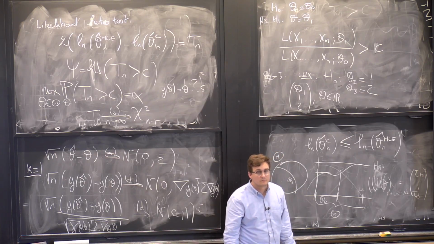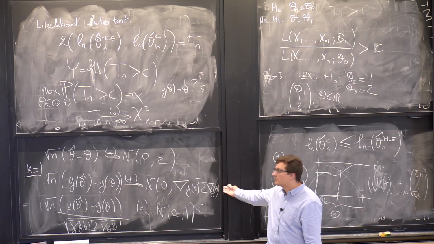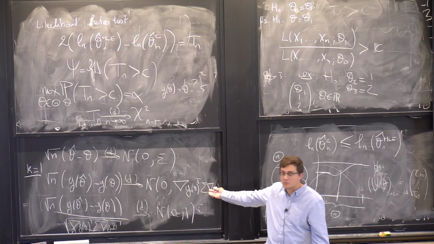Standard normal distribution. I just divide it by square root of the variance here, which is your usual thing.